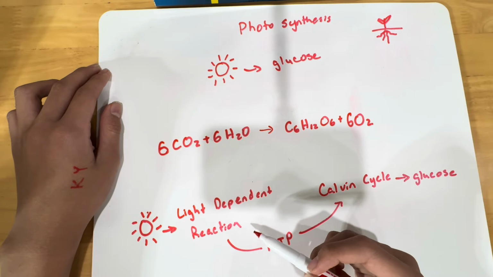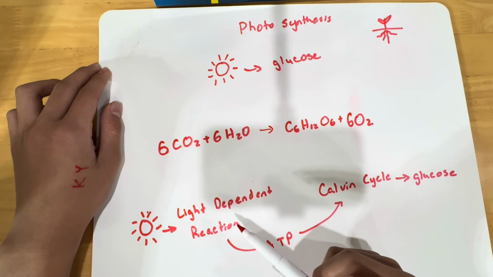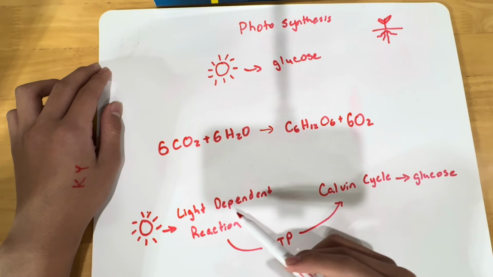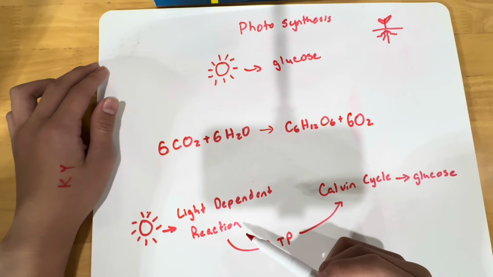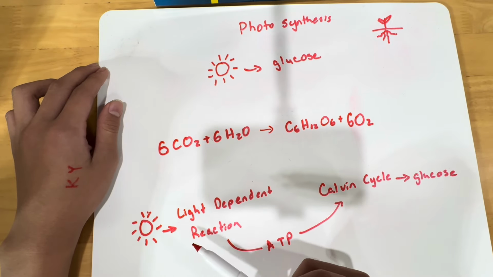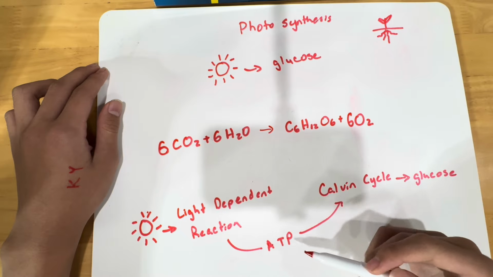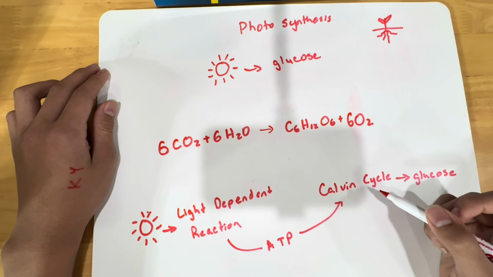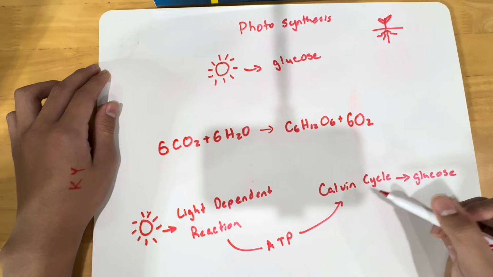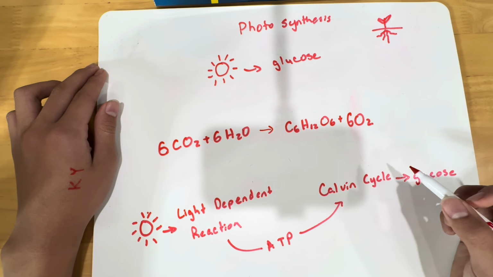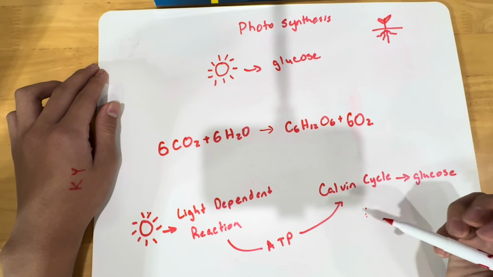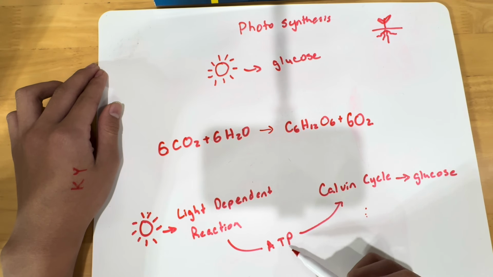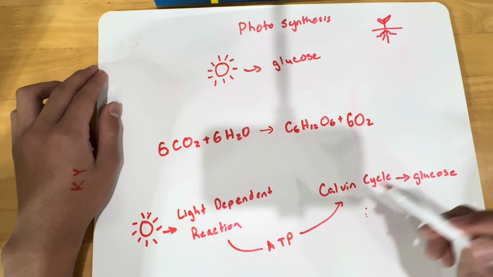Photosynthesis comes in 2 main parts. The first portion is the light-dependent reaction, which requires light to happen. This reaction creates ATP. The second reaction, known as the light-independent reaction, also known as the Calvin cycle, does not require sunlight to be present, but does require the ATP from the light-dependent reaction to happen.